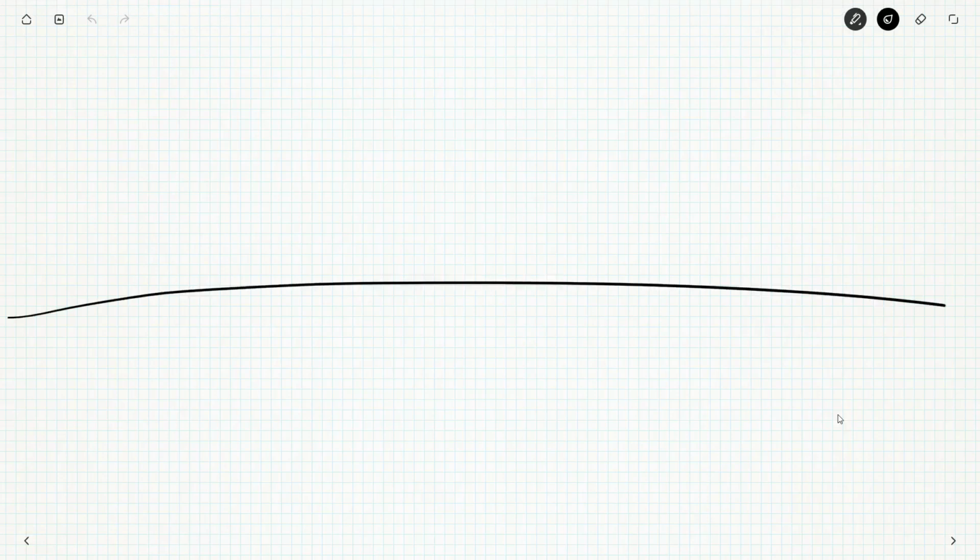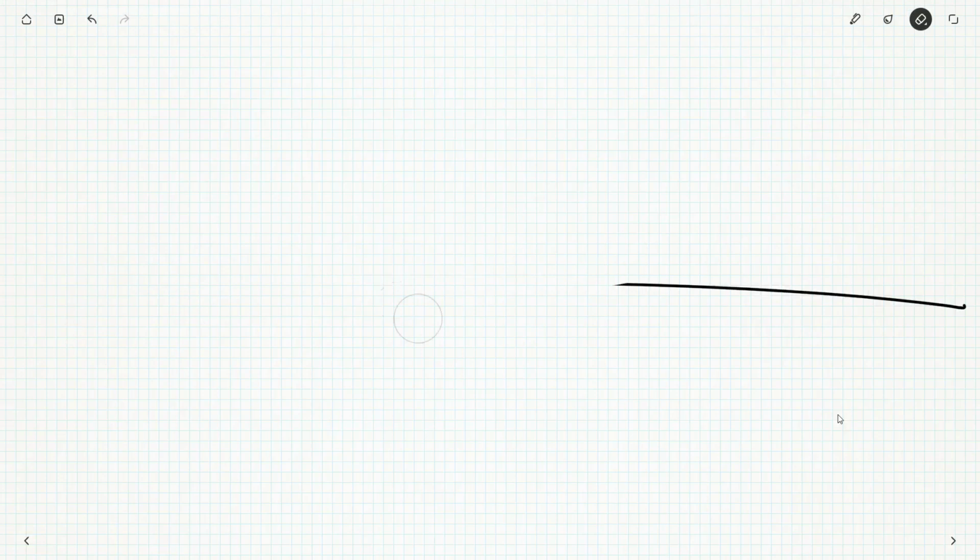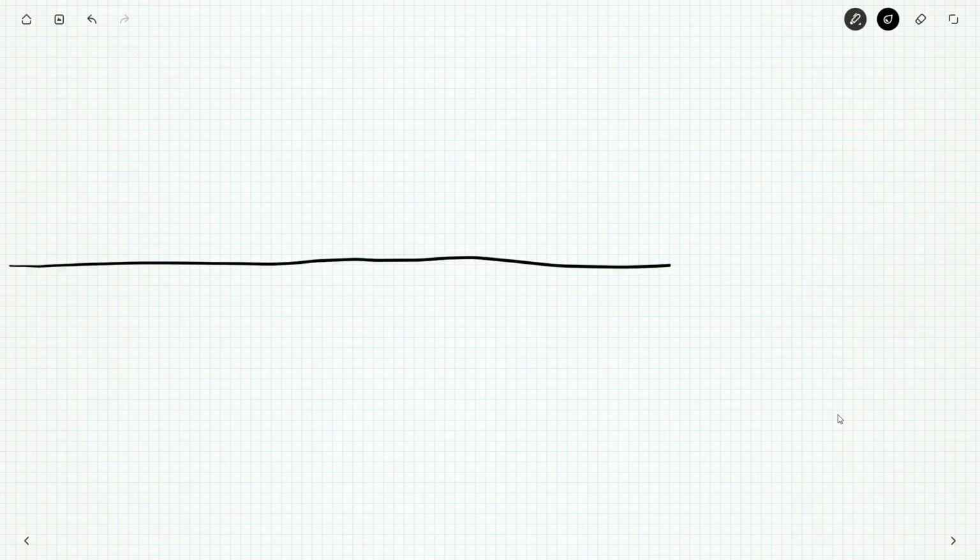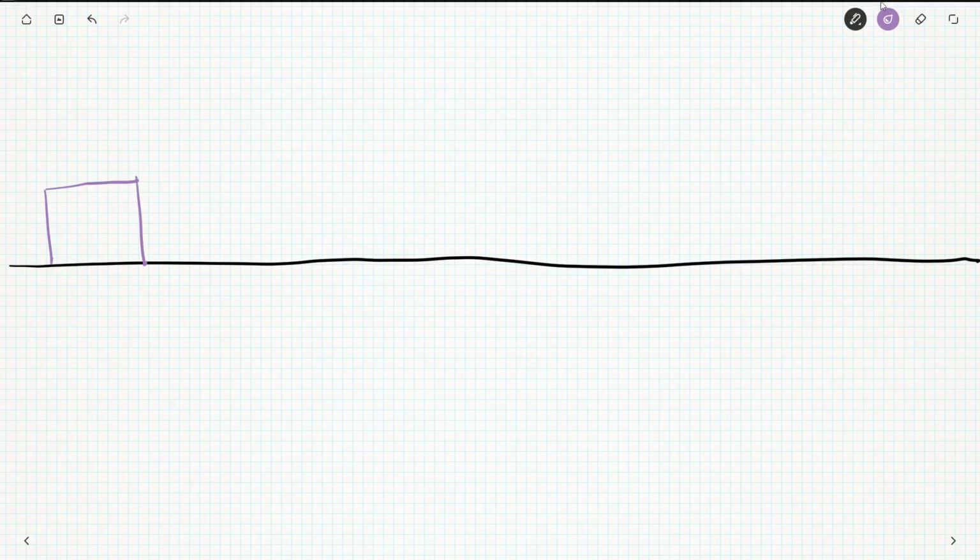So we get our flat top. Maybe we can draw it a little flatter. There we go. Good, not great. So our cube, we'll just look at it from the side, just like I did. So we've got our cube.